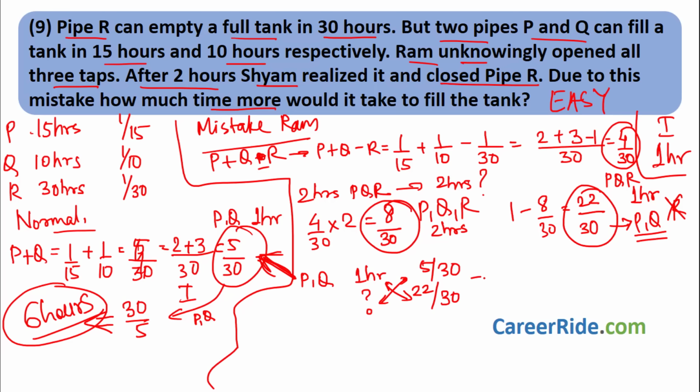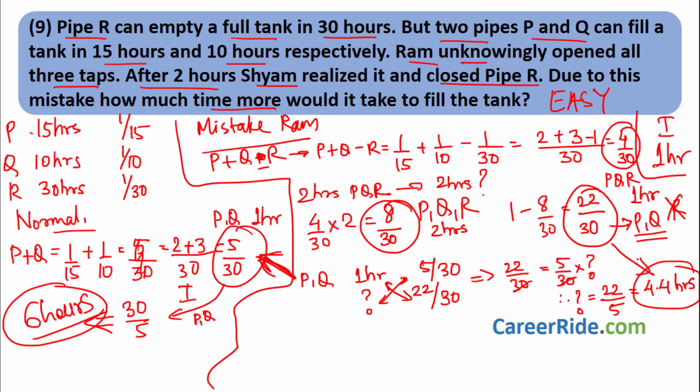We get 22/30 multiplied by 1 equal to 5/30 multiplied by question mark. 30 gets cancelled. So we have question mark equal to 22/5. That is nothing but 4.4 hours, right? So 22/30 amount of tank is filled in 4.4 hours.